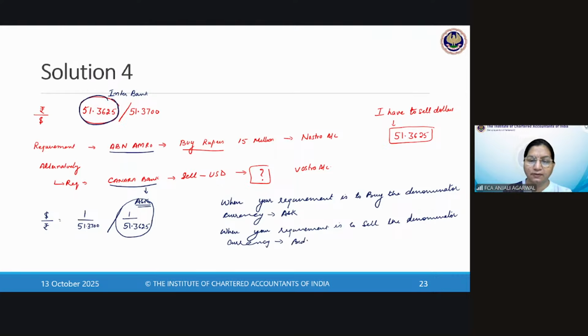Okay. Easy now? You want to buy, so you have to pay more. And this figure is more. Ask is always greater than bid. And when you're going to sell something, you will get less.